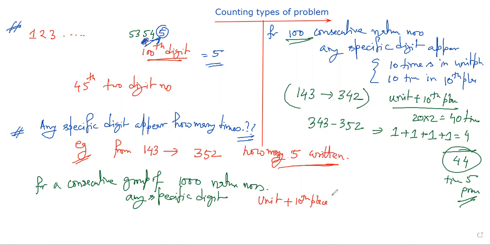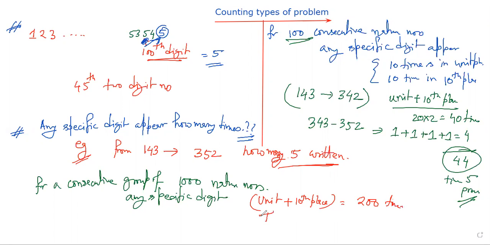If I take unit place and 10th place taken together, it should be 20 for a 100 group. For 1000, it would be 20 into 10, that means 200. 200 times it would be present.